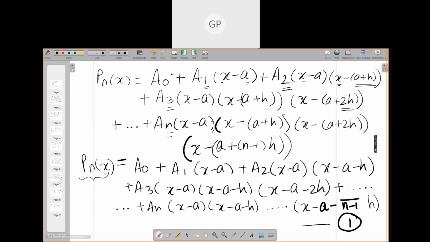This is my left hand side. This will be Pn(a), right? Now tell me, on the right hand side too you have to substitute x equal to a, so what will happen? Is there anything here to substitute x equal to a? It becomes a minus a, the second term, so that will become 0. All the other terms will also become 0 because every term from the second term contains the bracket (x minus a), right?